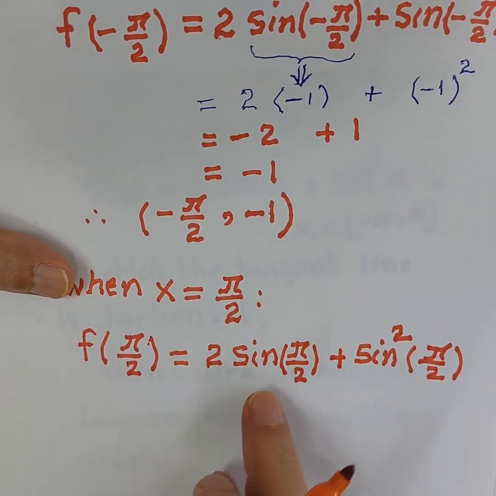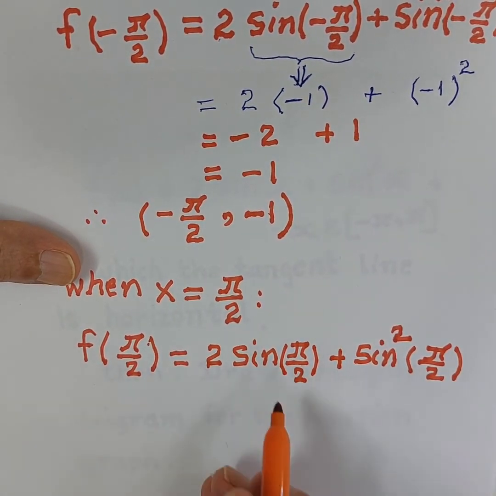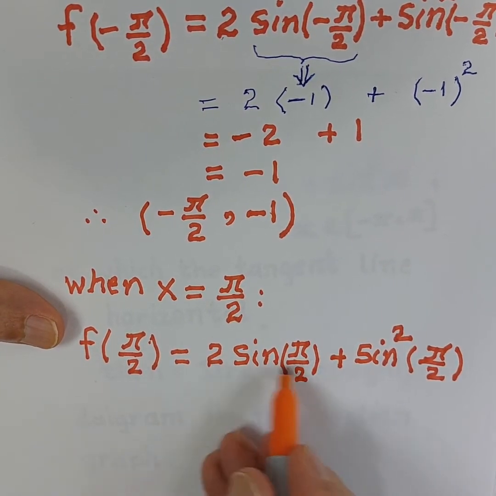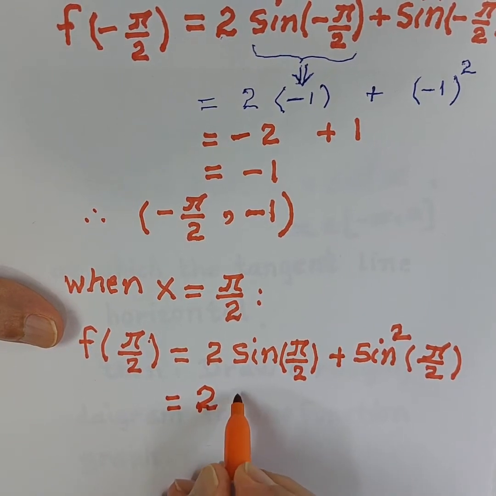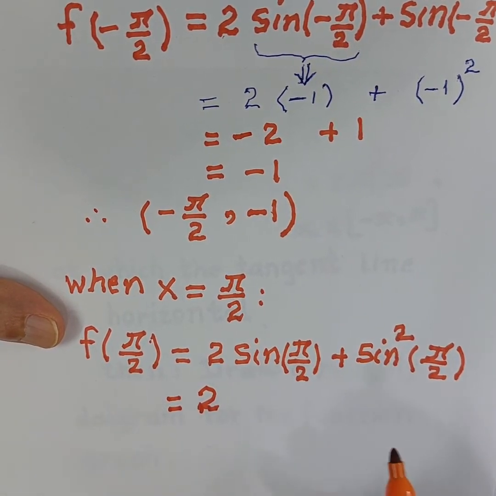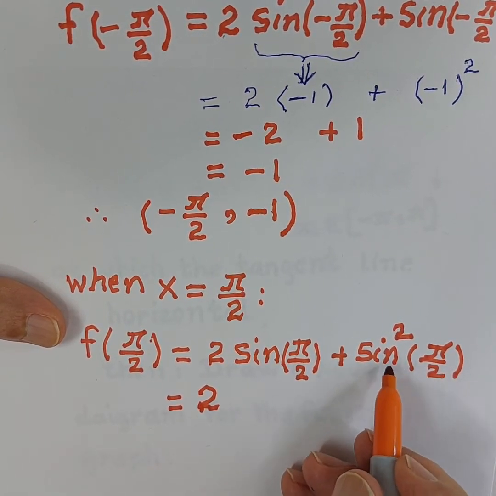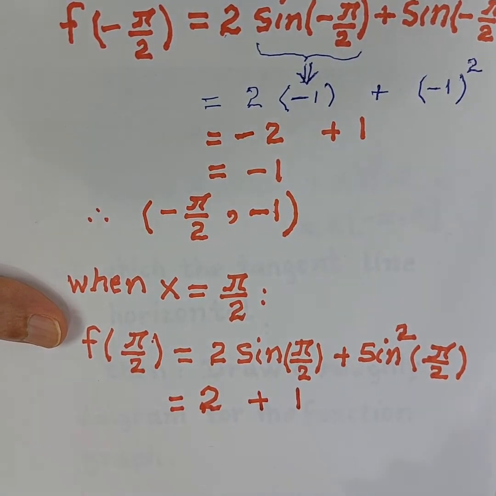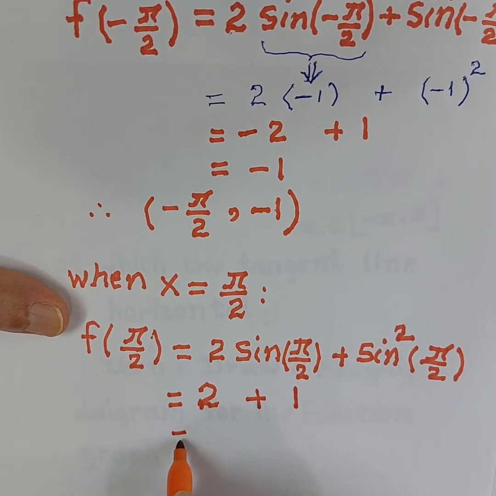And we also try to find the answer for this. Sine pi over 2 will give me +1 here. So the answer is 2 times +1, that means 2. And here also +1, so +1 squared means 1. Then the answer will be 2 plus 1 is equal to 3.